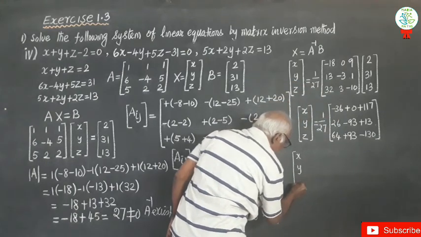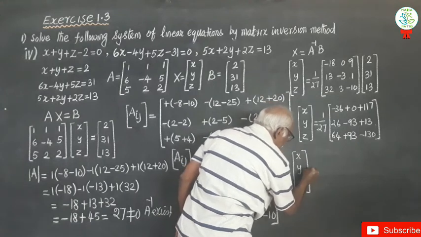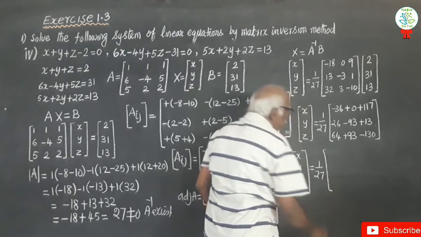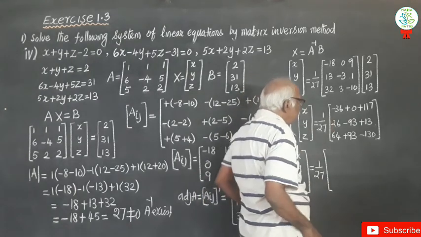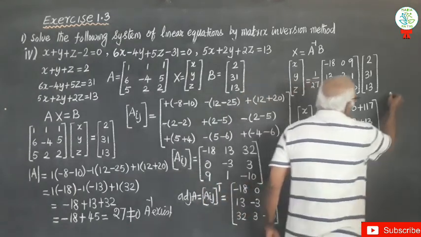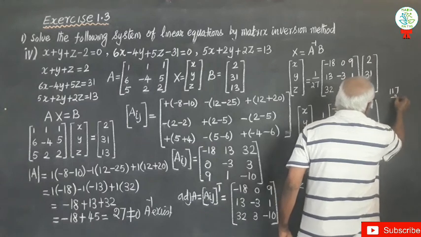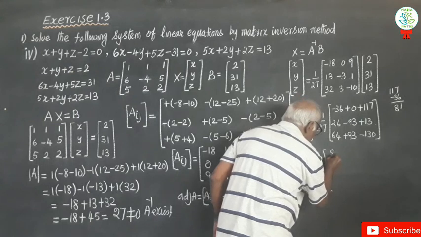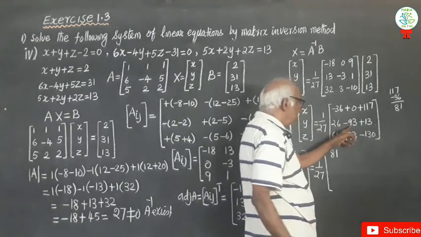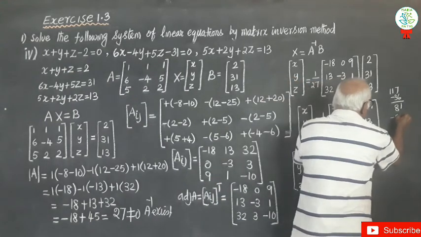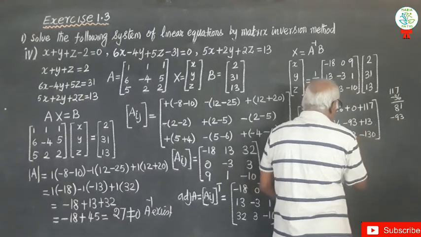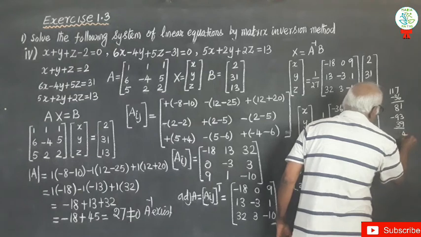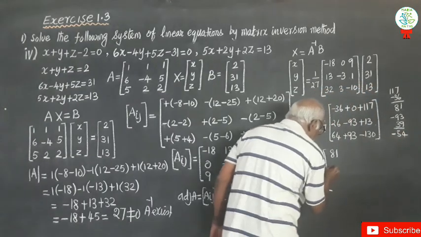x, y, z equal to 1 by 27 into: minus 36 plus 117 is 81. Then minus 93, plus 39, is minus 54.